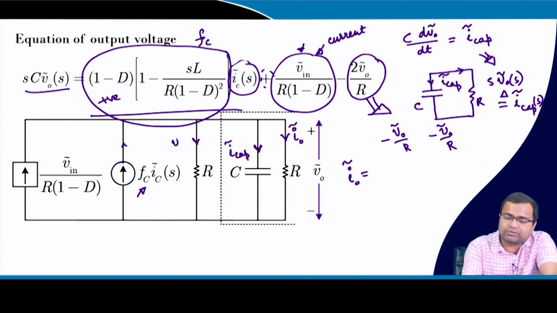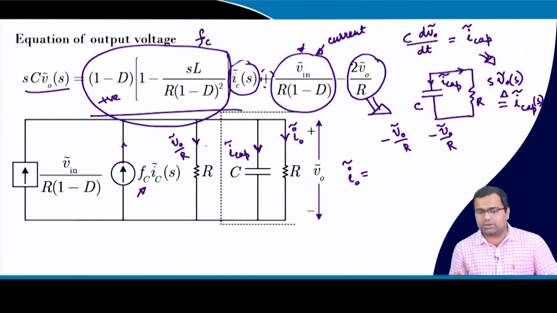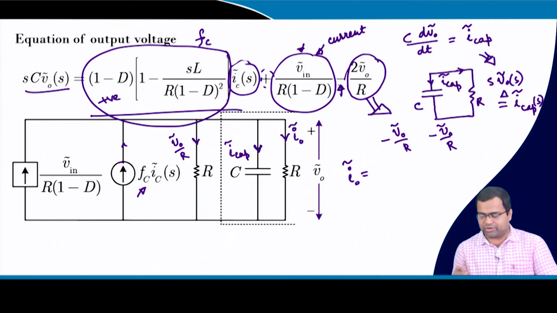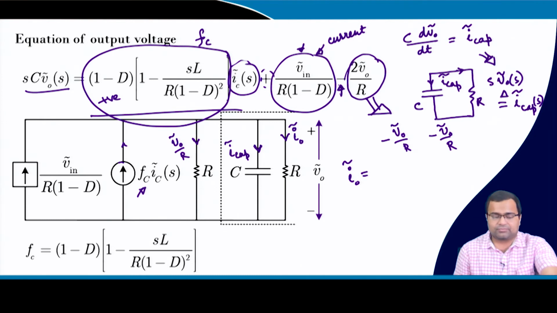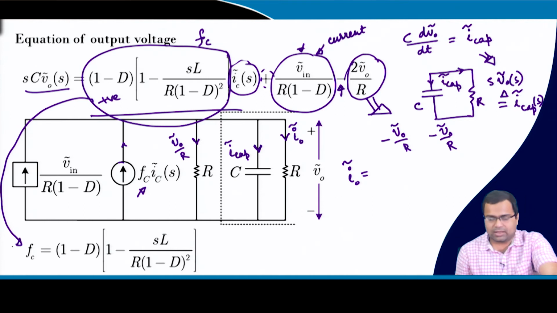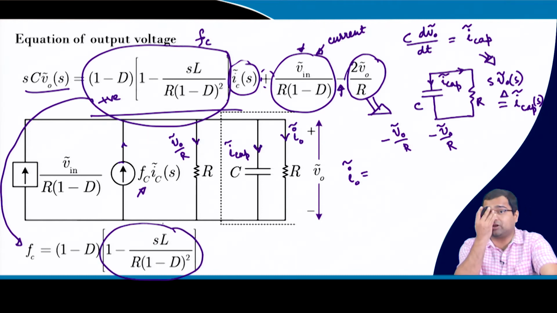So, this quantity will be V_0 by R, okay, and their direction is going out. So, there is a negative sign here, because they are drawing current. So, this represents the equivalent circuit where f_c is here. This is my f_c, I told you, okay, and you will see there is also a right half plane zero, it is a transfer function, not just a constant quantity.